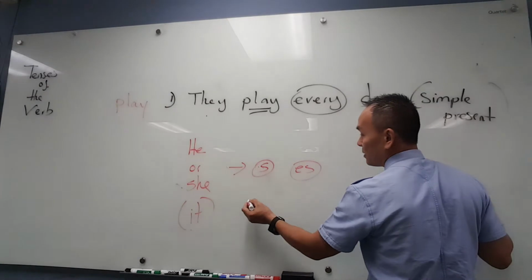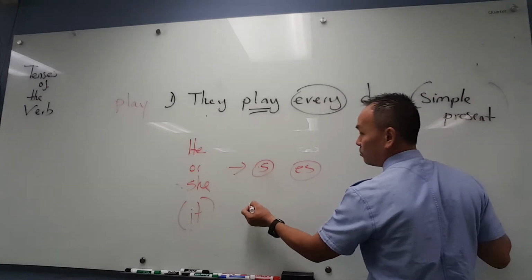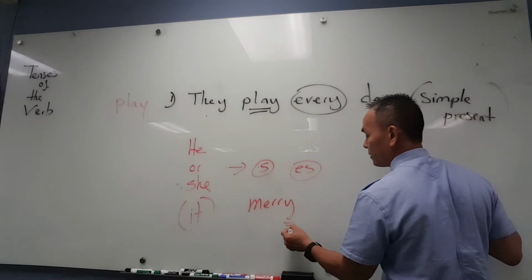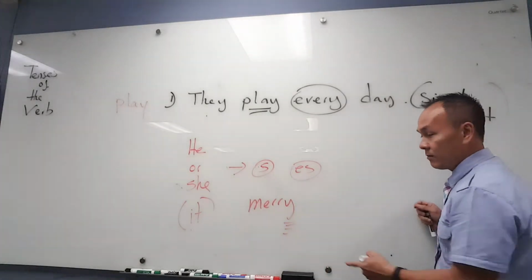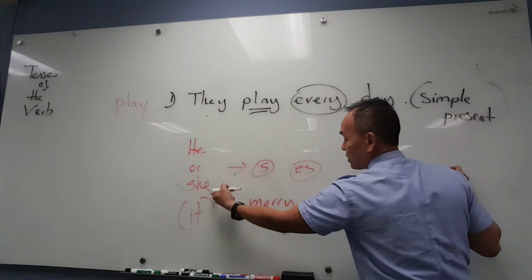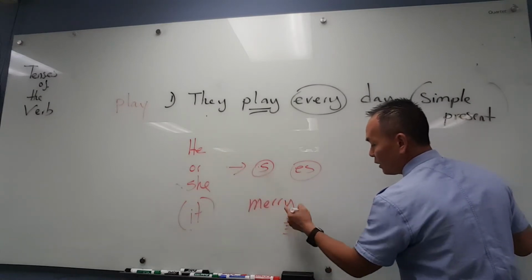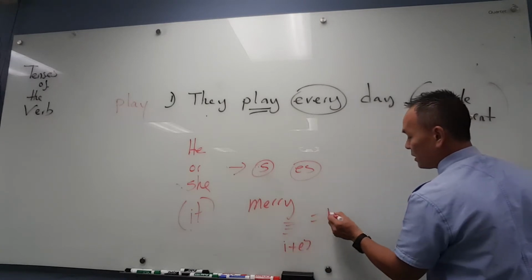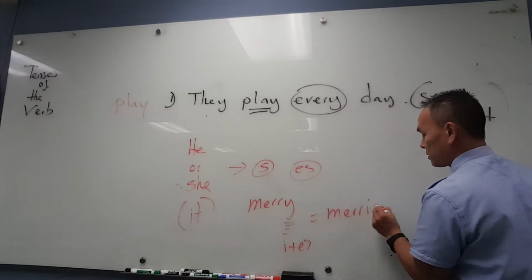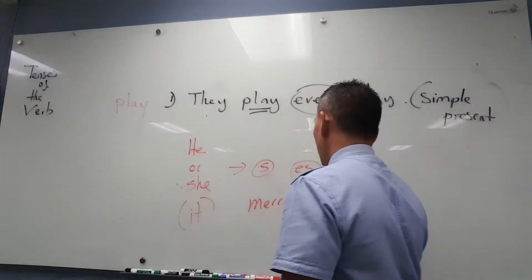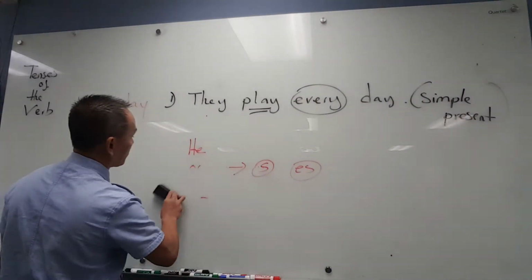If the verb ends with y, and the subject is he or she, you have to change y to i and then add es. So this becomes marries. Okay? So for the simple present.